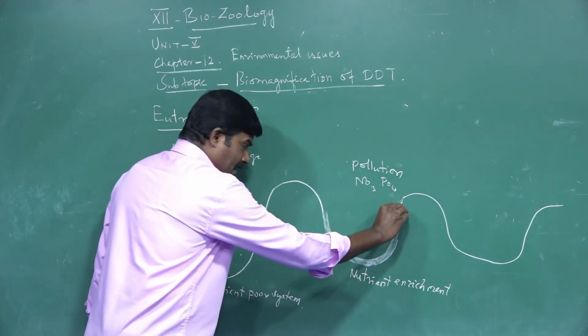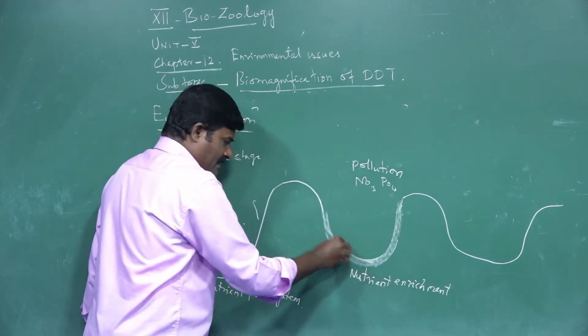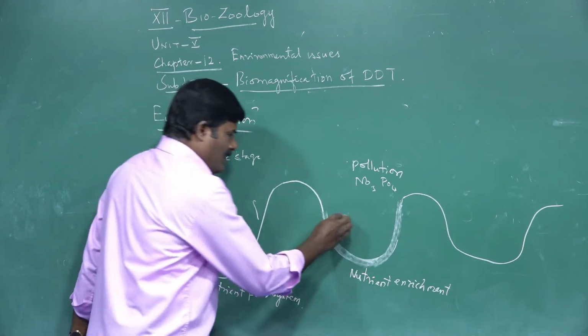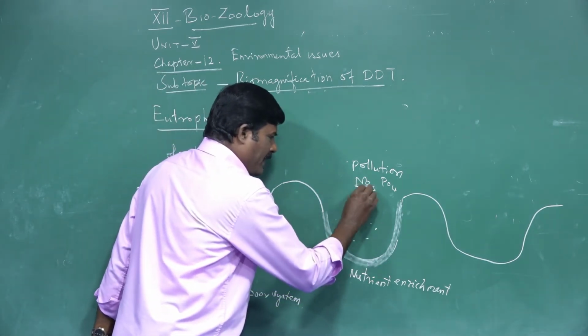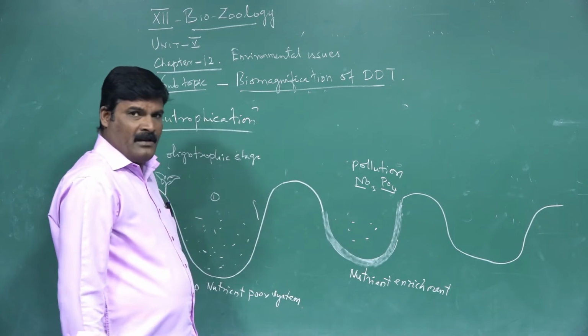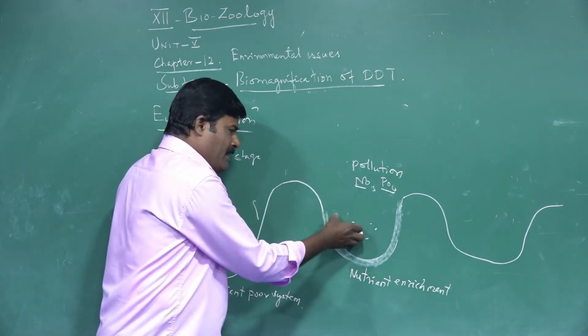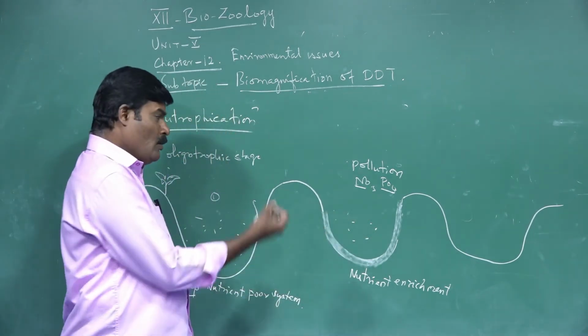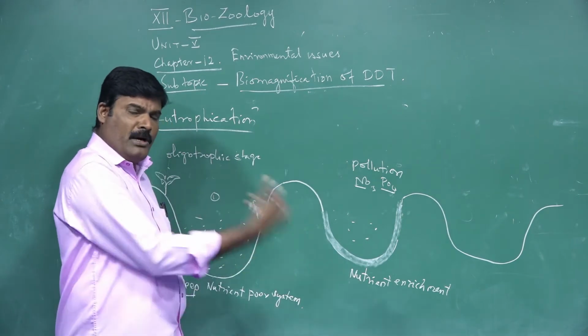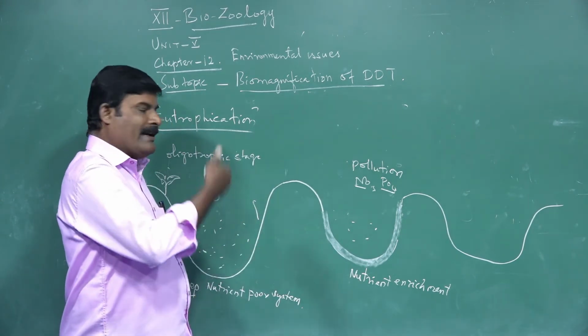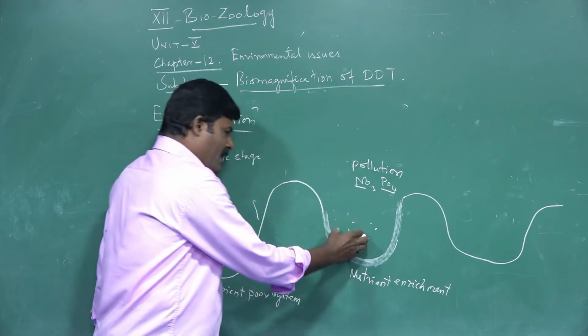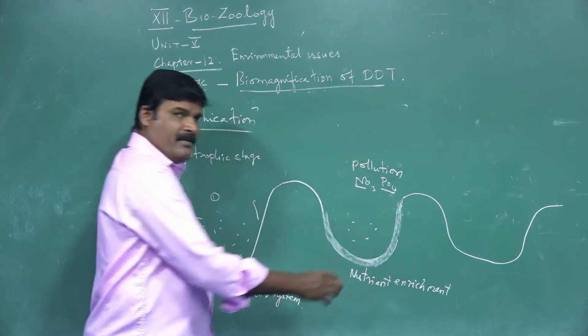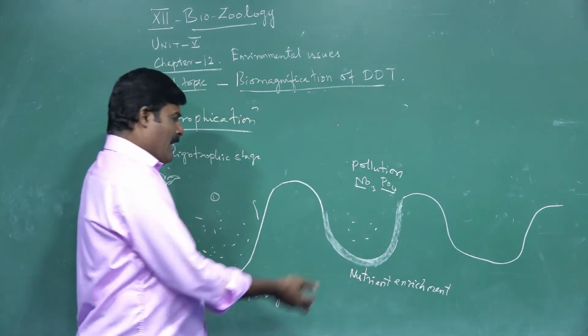With the increased concentration, they may be deposited here. Here there is more nitrate and phosphate. So immediately the organisms in this kind of lake use the nutrients more and more and grow rapidly. The plant life and the animal life grow rapidly.